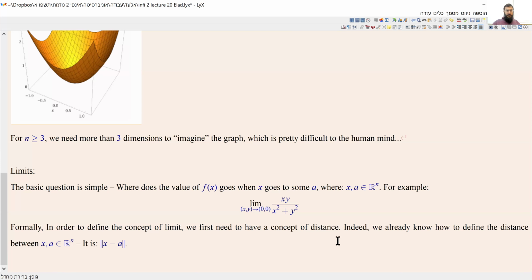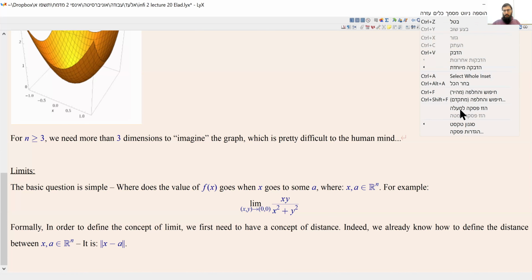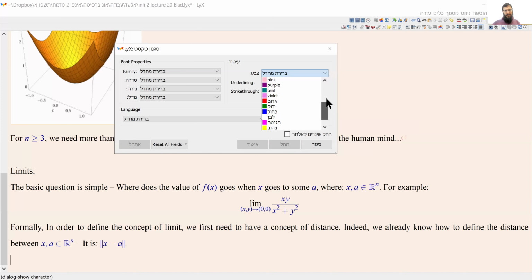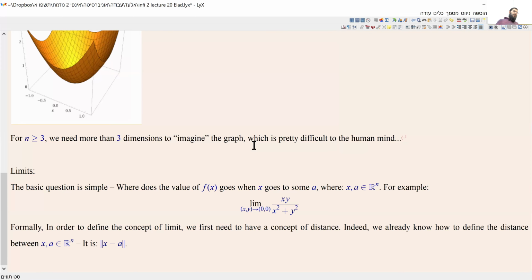So formally, I want to write it down in a different color because it's not very important to me when I talk about the technical part, and then I'll show it shortly.